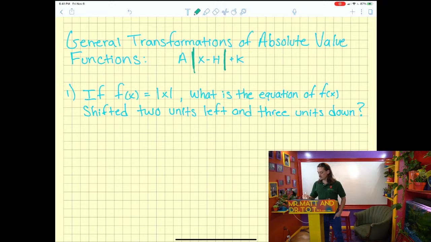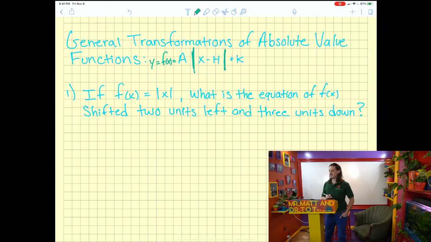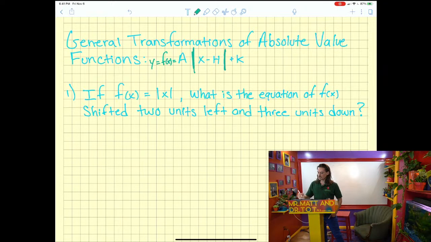Now, what you need to know is that this a value up here, this is all equal to y, by the way. We could say y or f of x. y or f of x is equal to a times the absolute value of x minus h, quantity plus k. We'll get into this in more detail later. But this a value is a stretch or a shrink factor.